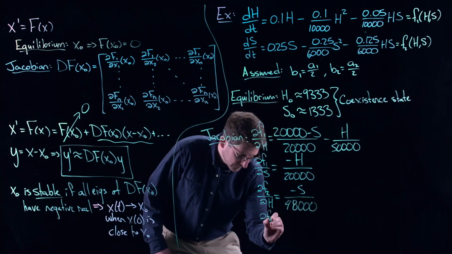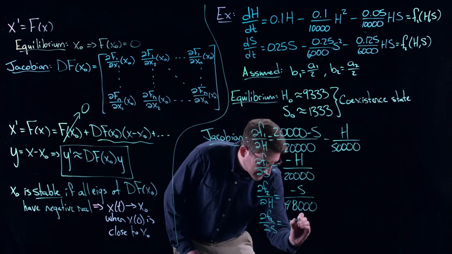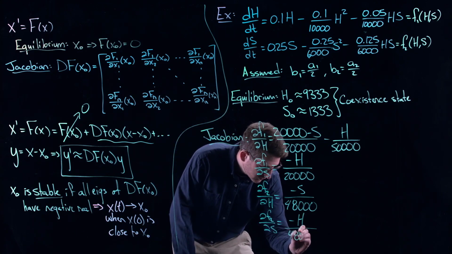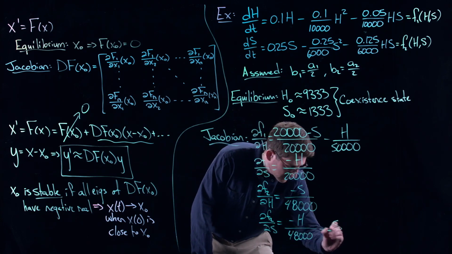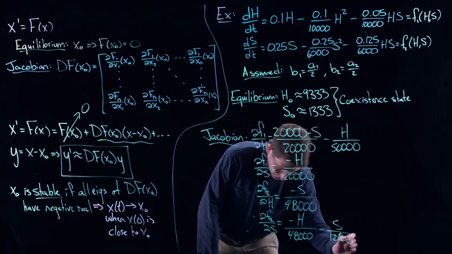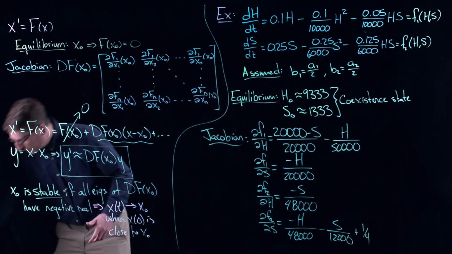And finally, the last partial derivative, minus H over 48,000, and then minus S over 12,000, plus 1/4. Okay, so the numbers are the numbers, but a calculator can handle them.